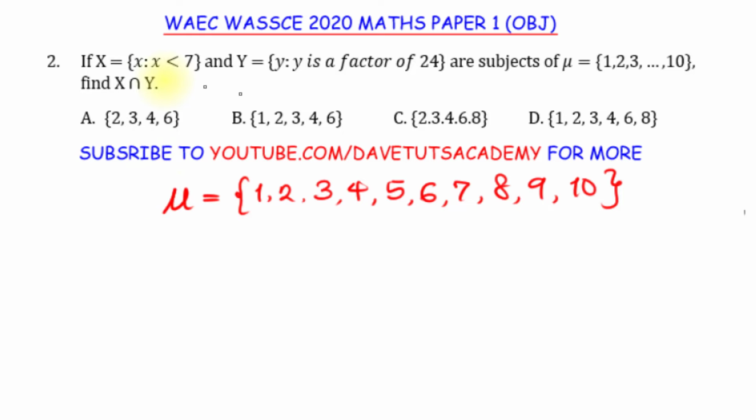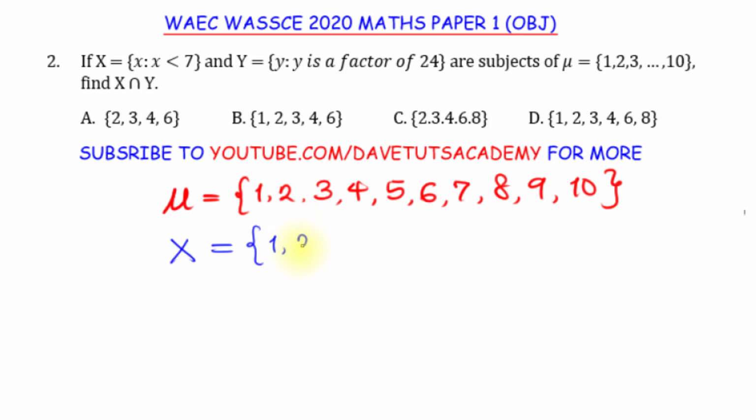But then we also need to define the other sets. Like in the first case, we are told that X is defined such that X is less than 7. So if we want to define the set X, and we're told that it is less than 7, of course all the elements will need to be included in the universal set. So what are the numbers in this universal set that are less than 7?